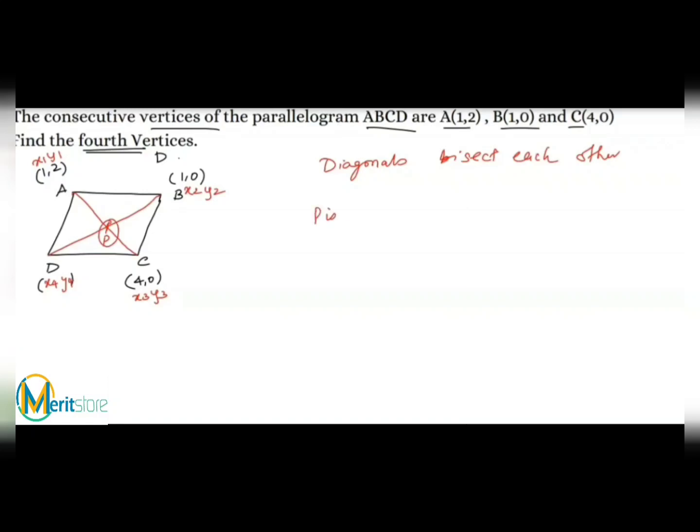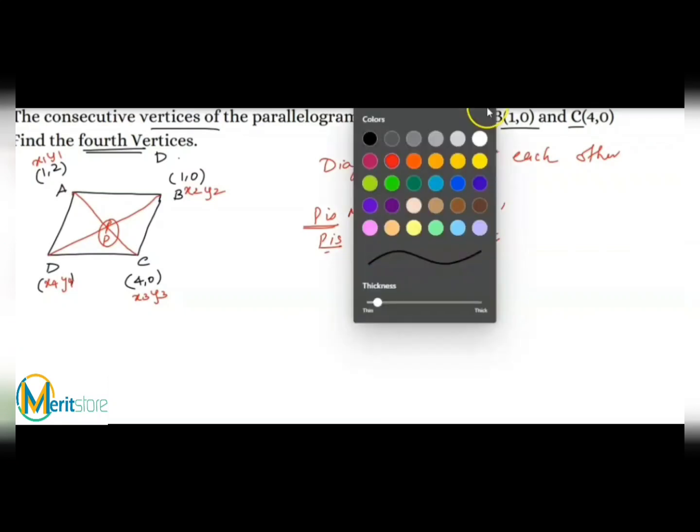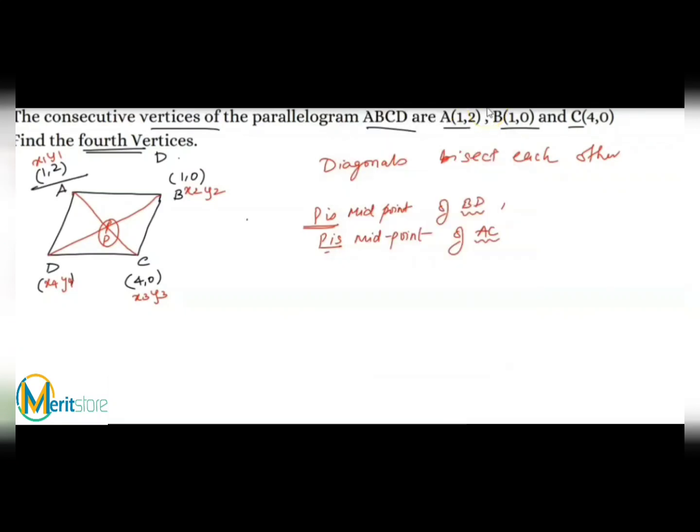So P is the midpoint of BD, and P is also the midpoint of AC. So the midpoint P will be common for both diagonals BD and AC. So let's find out the midpoint for AC, because we have A points and C points.